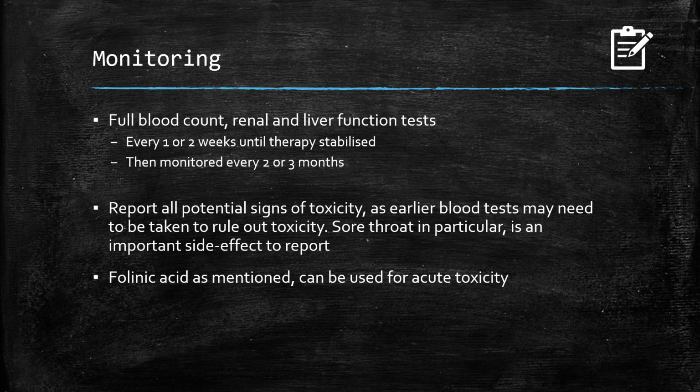You may have bone marrow suppression, i.e. blood dyscrasias. Now, as mentioned, if there's an overdose, folinic acid can be used. And just regarding the monitoring, even low-dose methotrexate has shown fatalities relating to blood dyscrasias and liver toxicity, so it's definitely worth having this monitoring done.